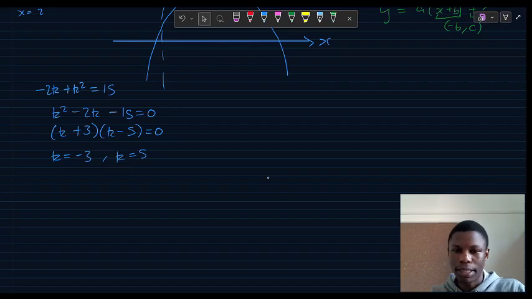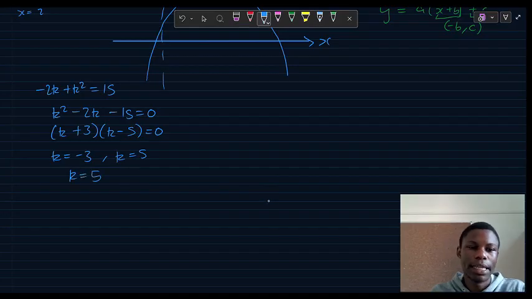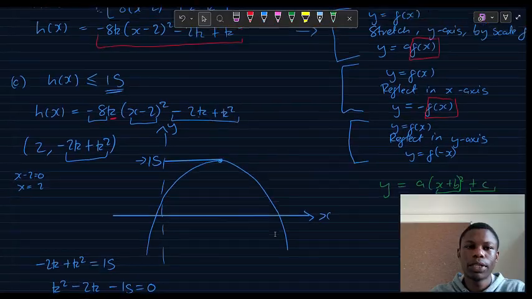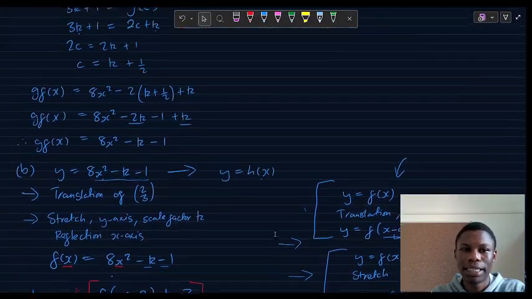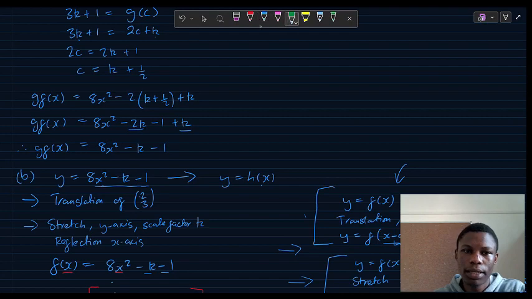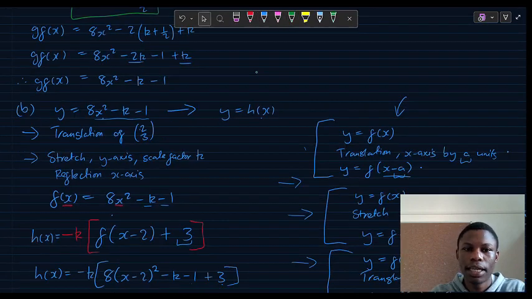And remember, in the stem of the question, we were told that k and c are positive constants, so k has to be 5. And then to find c, remember there was a point where we found an expression for c in terms of k. So we can use that expression. We know that c is k plus a half.